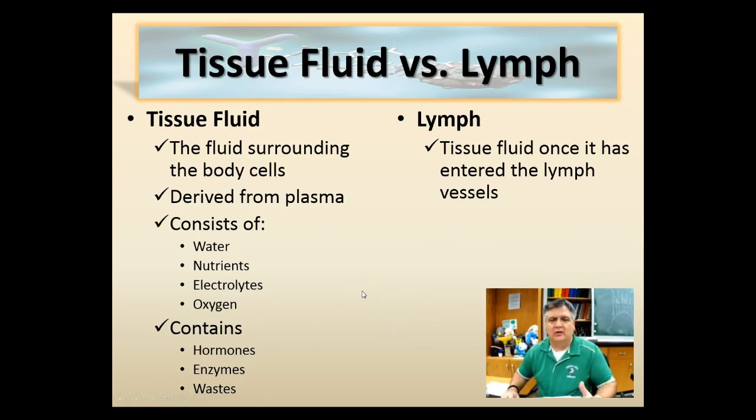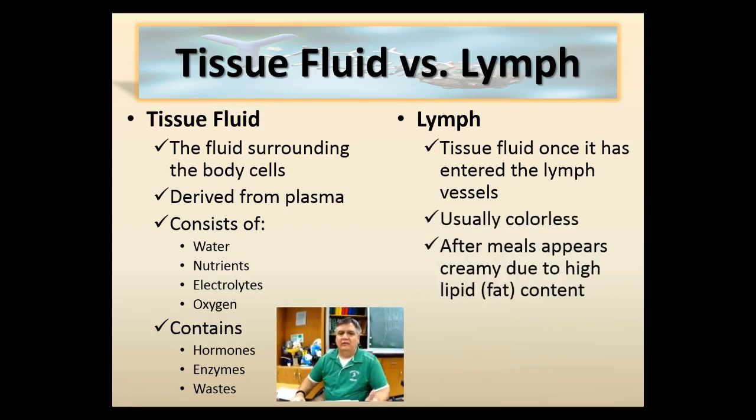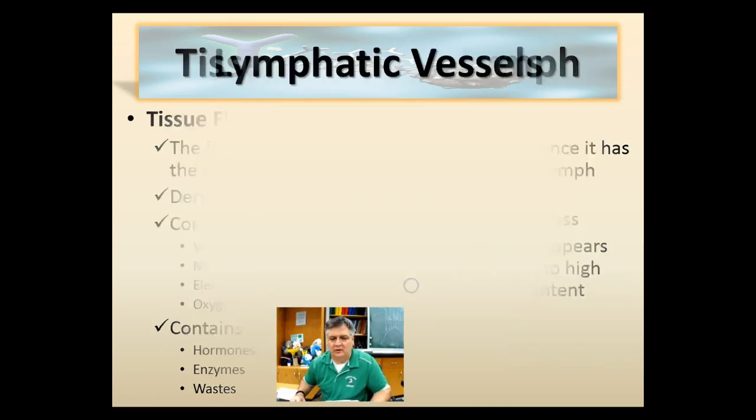So once the water gets recovered on the venous side of the capillary bed, it still goes back and becomes part of the plasma, but the water that's recovered by those lymph capillaries is referred to as lymph. Lymph is usually colorless, but after meals, it may have a high fat content, and as a result, it may be creamy appearing due to that high lipid or fat content.